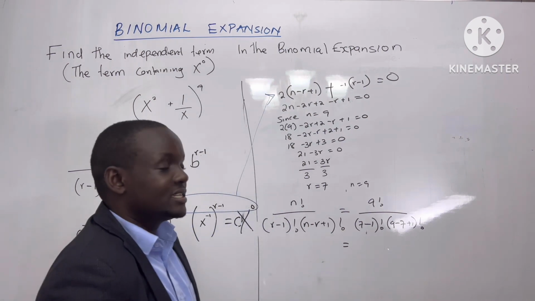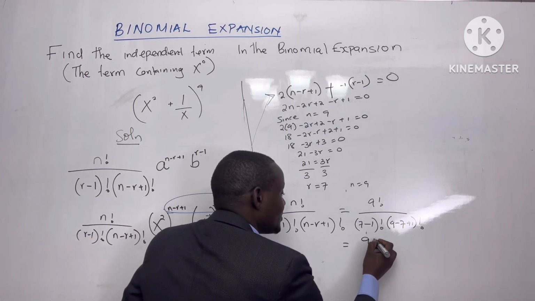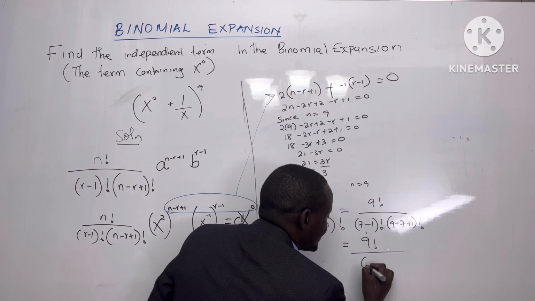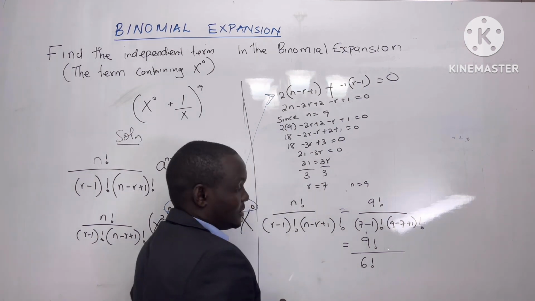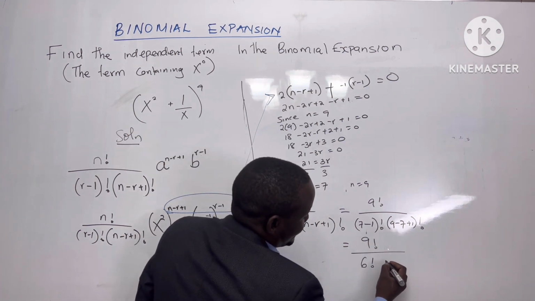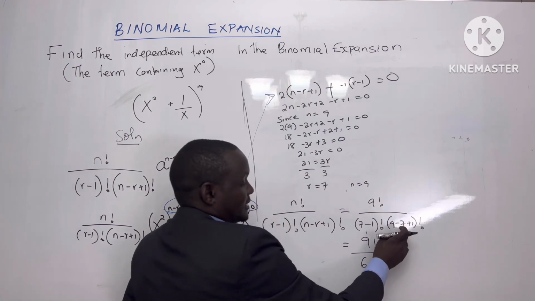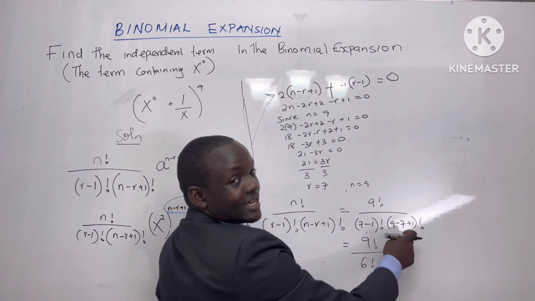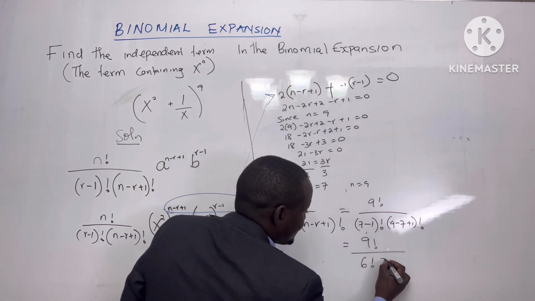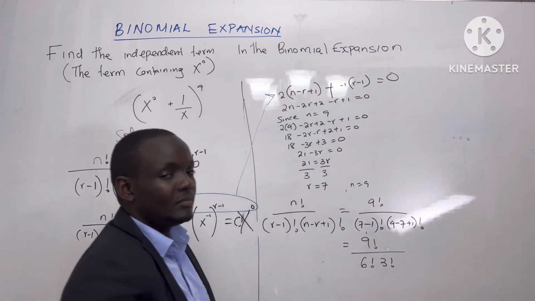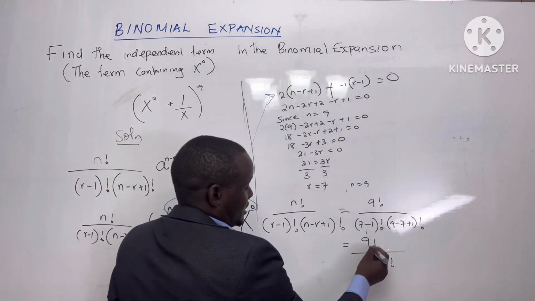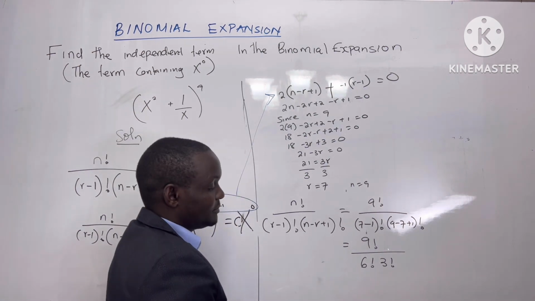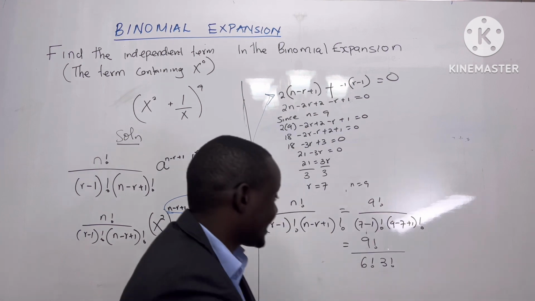If you simplify this, we get 9 factorial over 6 factorial, and 9 minus 7 plus 1 gives 3 factorial. We can solve this using a calculator.